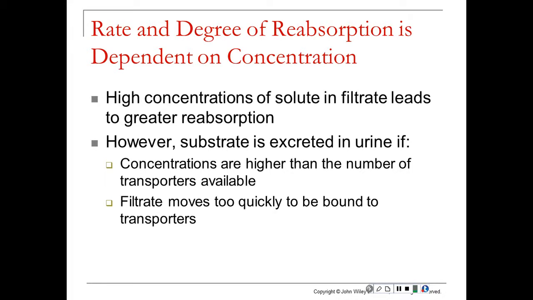That substrate will be excreted in the urine if the concentrations are higher than the number of transporters available. In other words, remember those little black dashes, if there's just not enough of those transporters to reabsorb, it's going to be excreted. Or if that filtrate moves too quickly, in other words, that GFR would be very, very high.